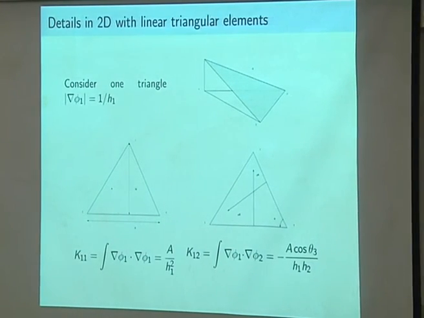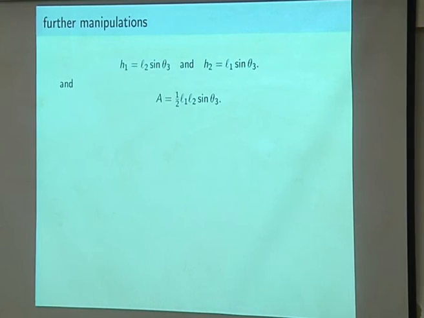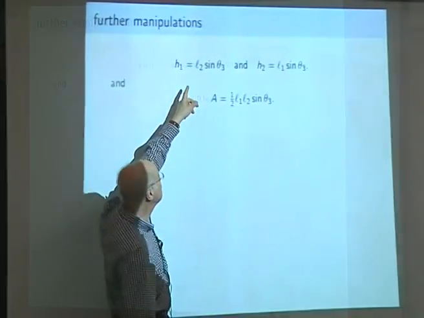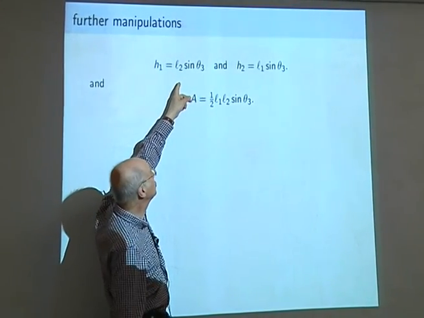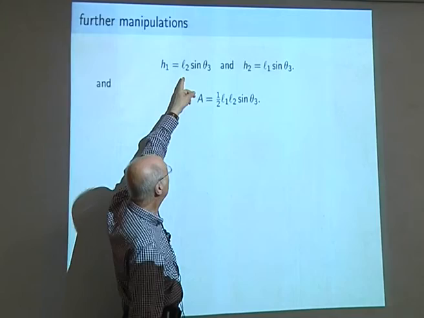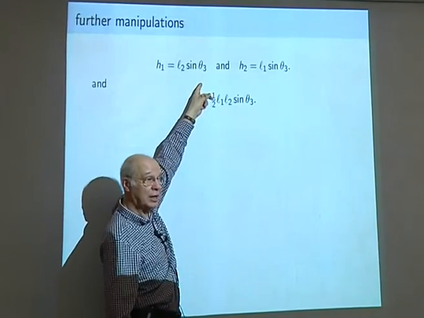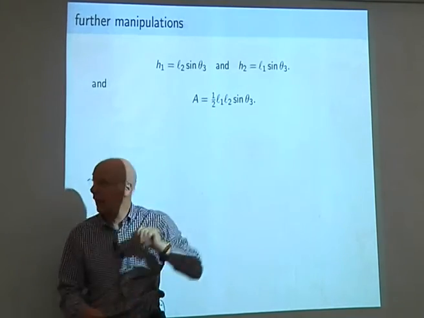Right. Now I can do a bit of geometry. The altitude from the first vertex down to the base is equal to the length of one of the adjacent sides, length 2, times the sine of the included angle.